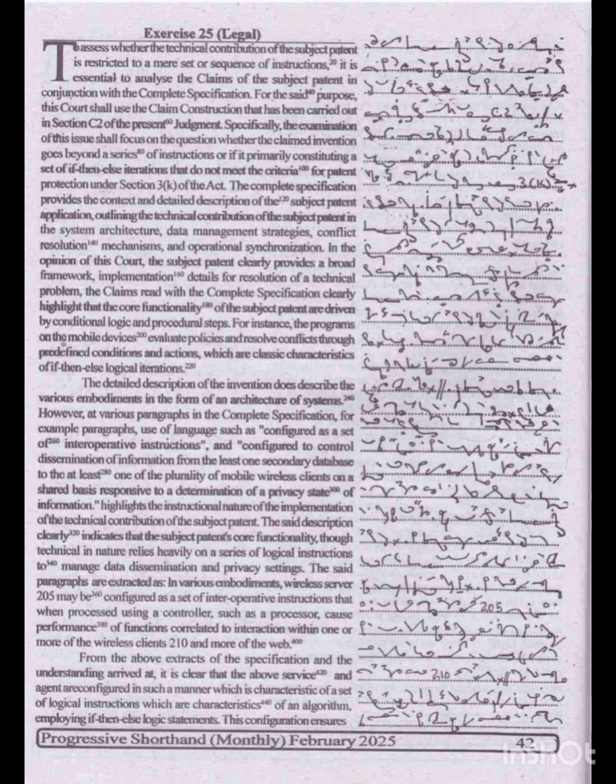However, at various paragraphs in the complete specification, use of language such as "configured as a set of interpretive instructions" and "configured to control dissemination of information from the at least one secondary database to the at least one of the plurality of mobile wireless clients on a shared basis responsive to a determination of a privacy state of information" highlights the instructional nature of the implementation of the technical contribution of the subject patent.